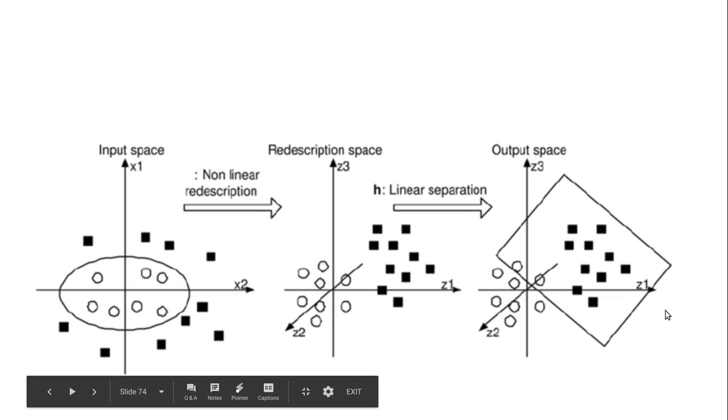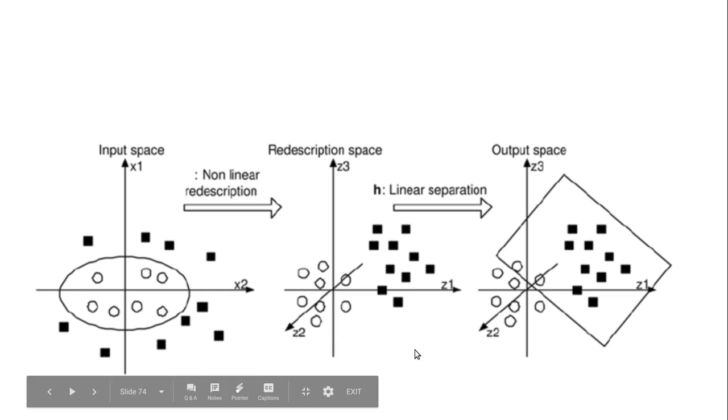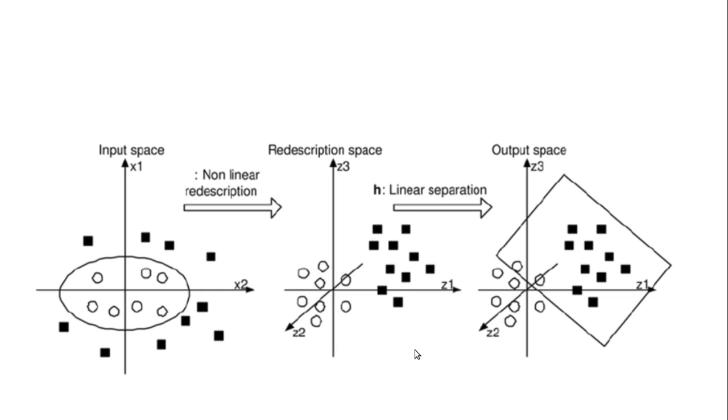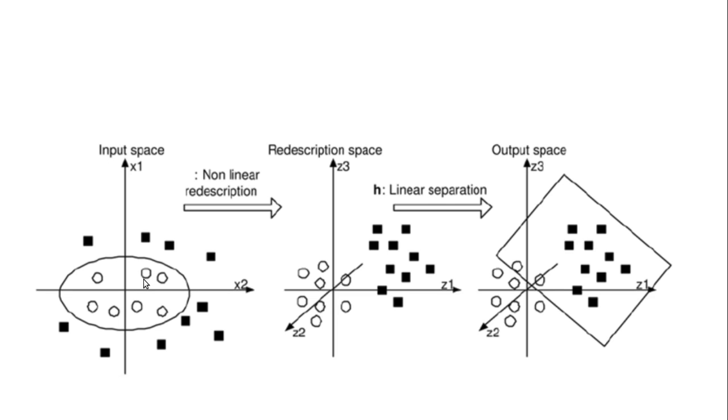Suppose I give you a problem with these hollow circles and the squares filled up with dark, these are the two things, and you want to draw support vectors. You can transform this using something called a radial transform, in which you convert all of these into coordinates of radius and angle.